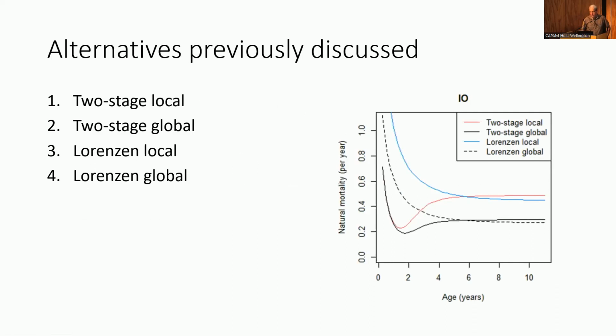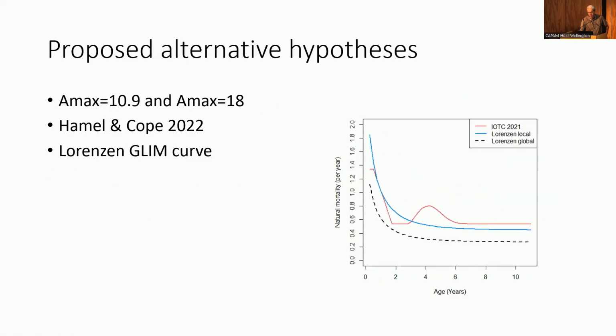My preference is certainly to go for the first option, with the decline over the entire life cycle. So we proposed two alternative hypotheses. The red line is what was used previously. These two values are based on an Amax of 10.9 and an Amax of 18, both using the GLIM curve.